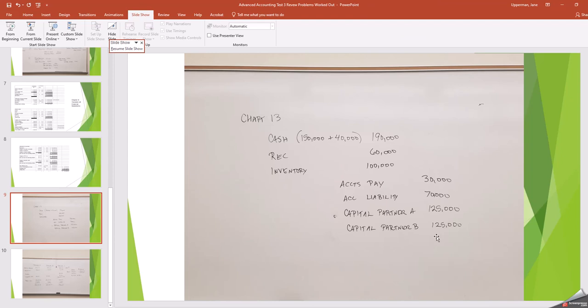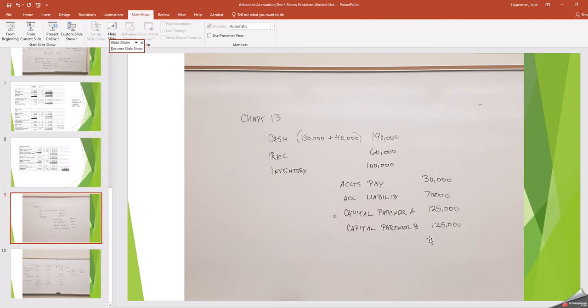So if you look at your review sheet, the company that is being contributed by partner A has $200,000 of total assets, and then $100,000 of liabilities that are being assumed. So he's contributing $100,000 of net assets, and the other guy is contributing $150,000. So you can see that they're not equal.